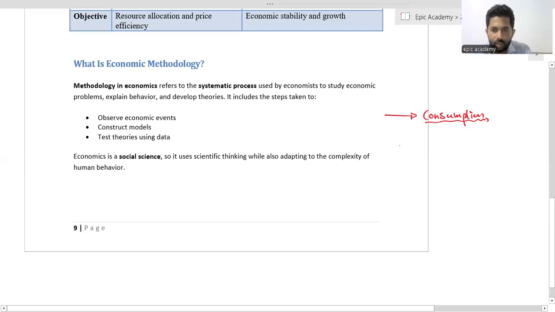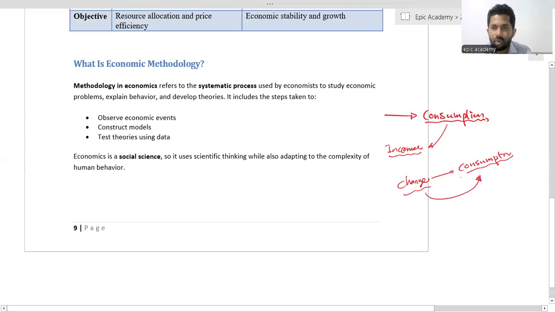So this consumption belongs to any kind of person. This amount of consumption will depend on the income of the people. Isn't it? Yes. So according to a change in the income, consumption also can be changed.